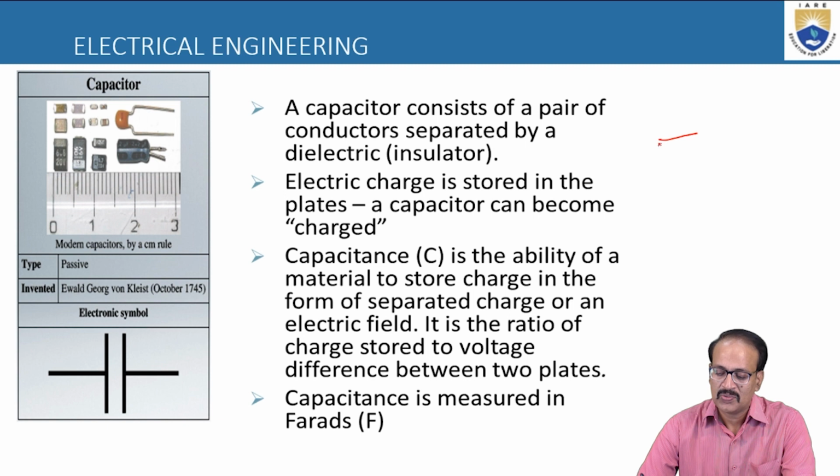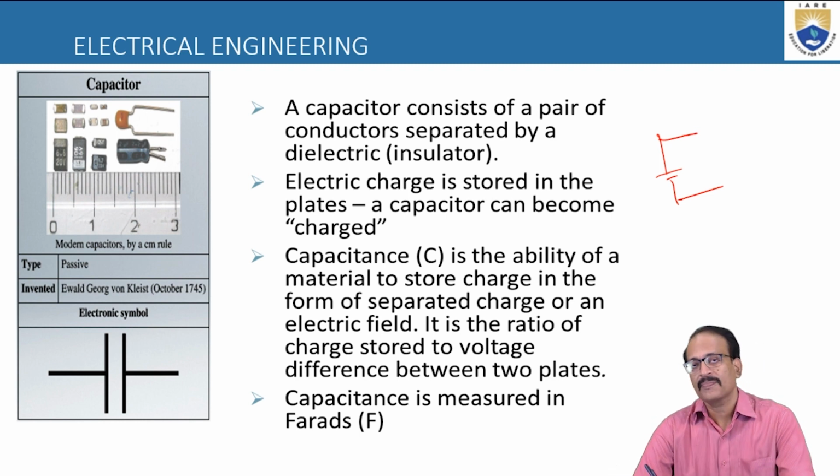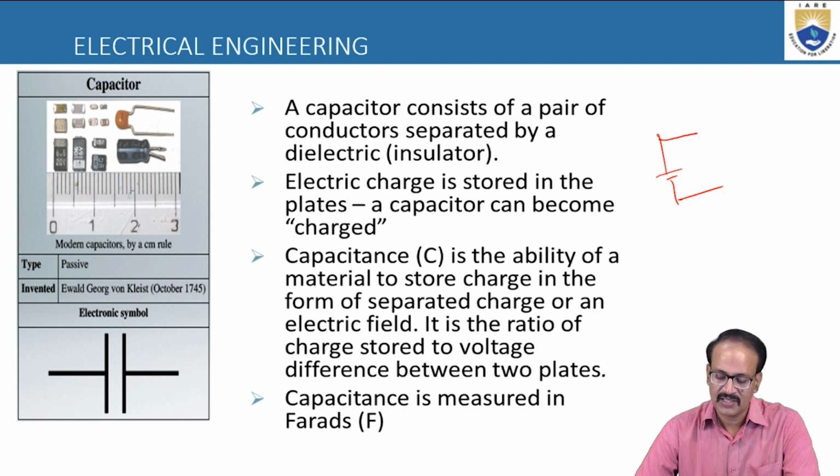For a circuit, the first thing needed is a source, and some elements. Generally the basic circuit elements we call the RLC circuit, which is resistance, inductance, and capacitance.